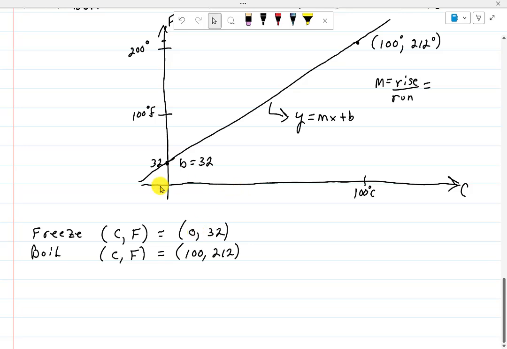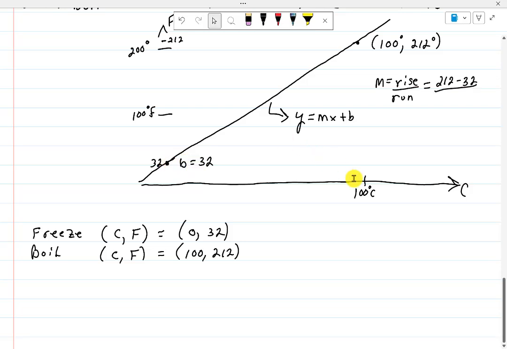The rise here is how much it went up for the y values. It started at 32, but it ended at 212. So that's as far as it went, 212 minus 32 there.